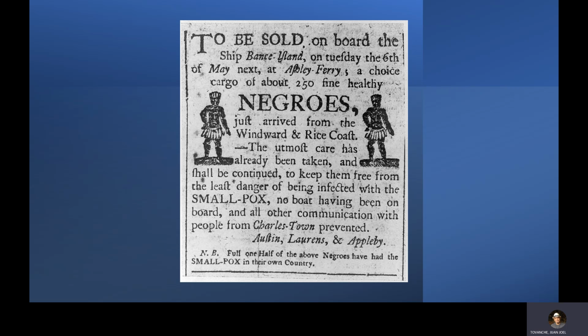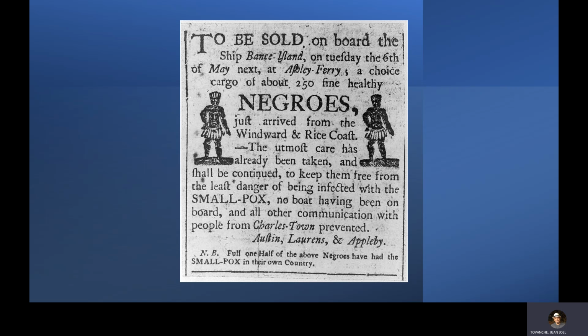Well, immediately we know this, of course, is an ad for the sale of human cargo. So they had ads for these things. Let me tell you, one of the best ways to understand how a community thinks about something in a particular place and time is by looking at advertisements of that community during the particular place and time that you're looking to understand.